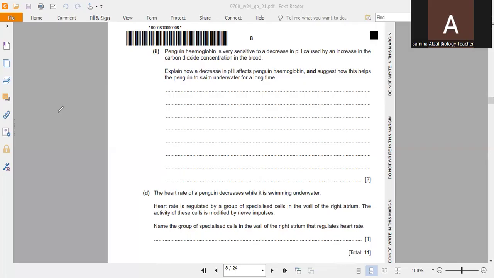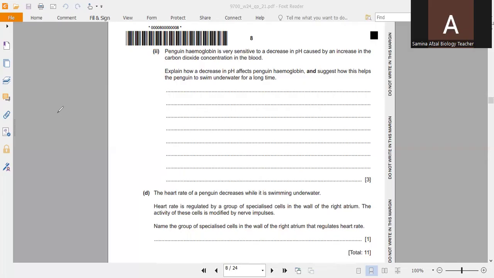So a decrease in pH generally weakens the bond between hemoglobin and oxygen. This is also known as the Bohr effect. The presence of hydrogen ions competes with oxygen for binding sites on hemoglobin, effectively reducing hemoglobin's affinity for oxygen. So in the tissues, this reduced affinity is beneficial.